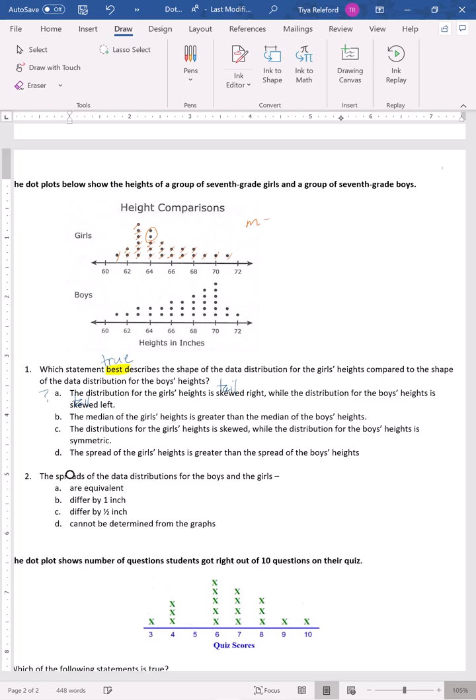So median for the girls is 64. I'll give you a minute to find the median for the boys.